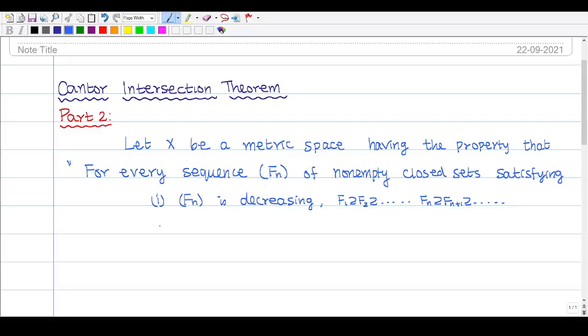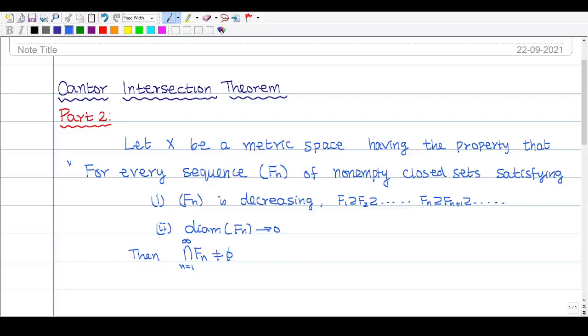And number 2 என்னது அப்படின்னா, diameter of fn which converges to 0. So இது என்ன property இருக்கு அப்படின்னா, if every sequence, then the intersection of all fn, n equal to 1 to infinity, is non-empty.